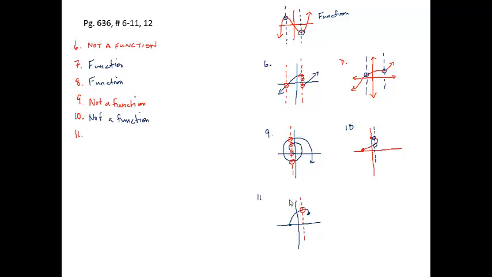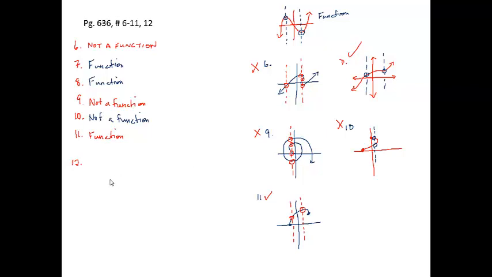And if I also drew it here, I'm still only hitting it in one place, so it's a function. Okay? So vertical line test just means draw a vertical line. If it hits the graph only once, then it's a function, like 11 and 7. If it hits it in more than one place, then it's not a function, like 6, 9, as well as 10.